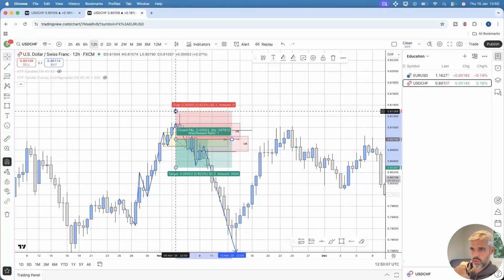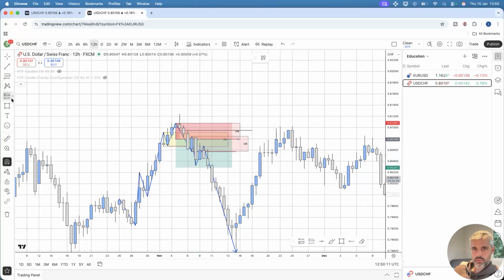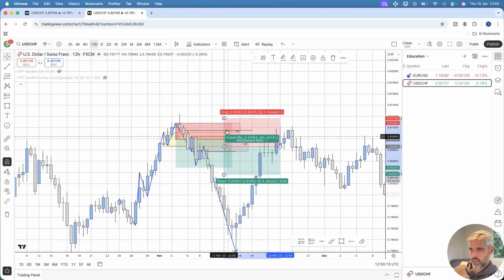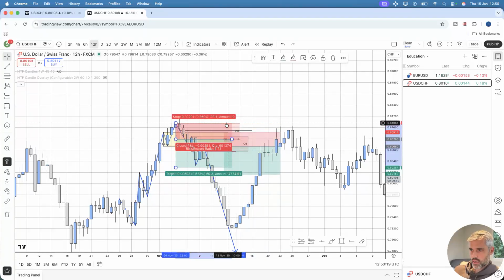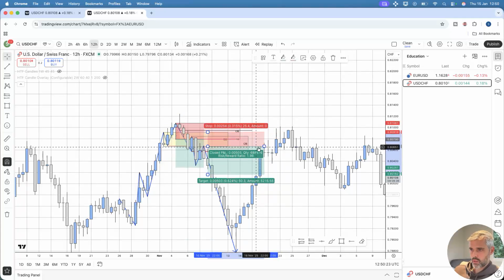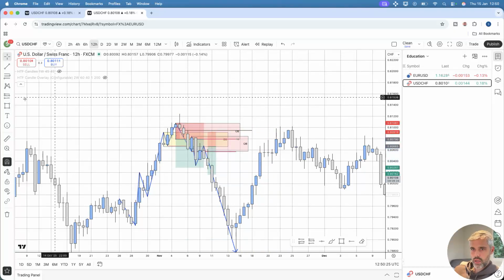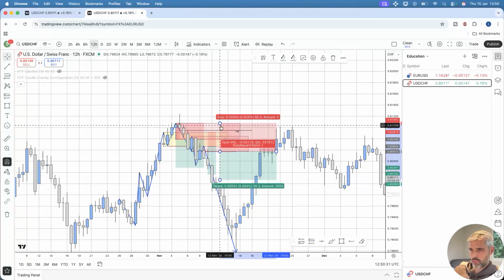You can enter from the order block right here, or you could enter from the breaker block right here, covering the high. It's getting a little bit messy, so let me just move this over. There's the breaker block position right there. And then once you get the creation of the new price leg here, you could take an entry off the newly formed order block.